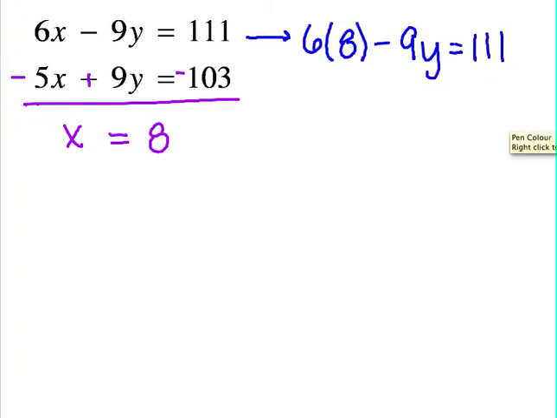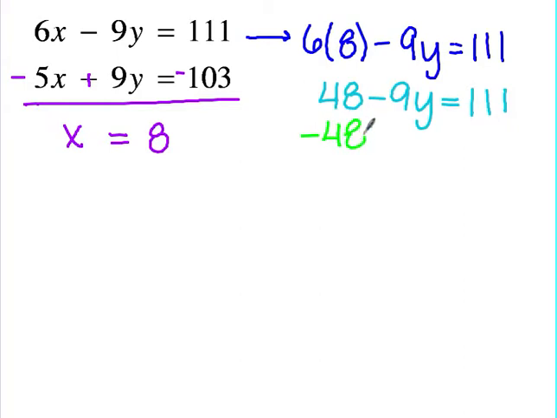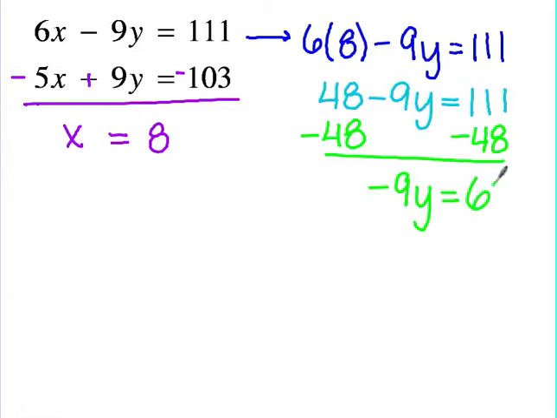So what's 6 times 8? 48. What do you do now? Subtract 48, very good. So I end up getting negative 9y to equal 63.